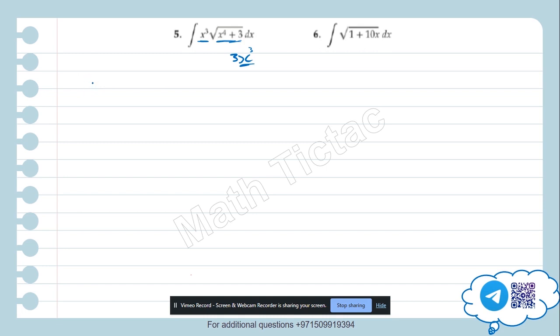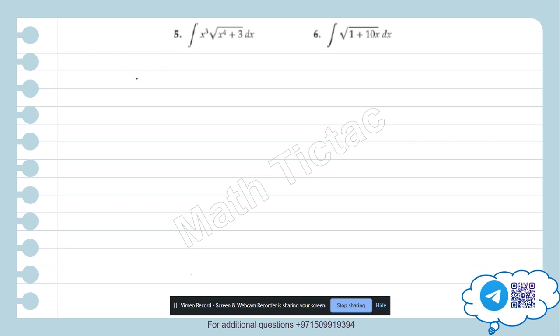So in here, I will say u is equal to x to the power 4 plus 3. Then I can say that du is equal to 4x cubed dx. Then I will solve this equation for dx, so du over 4x cubed equals dx.